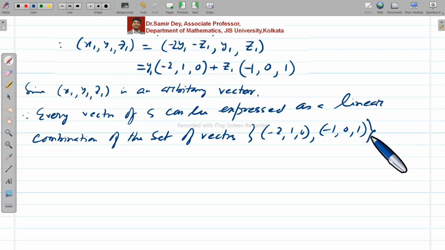So the first condition is over. That means this set of vectors is a generator, that means representative, you can say.